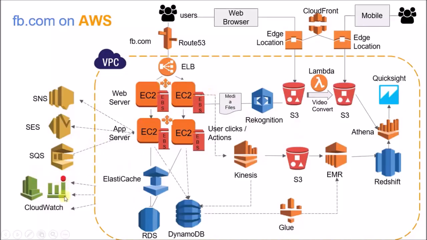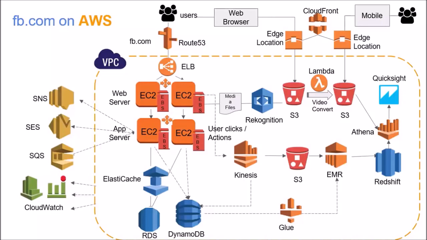All this can be done using the CloudWatch alarm. Okay, so I think we have completely replaced what we did on premises with AWS services, and I hope you got some idea about all these basic AWS services.